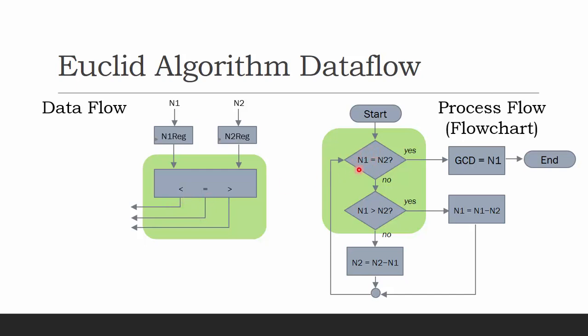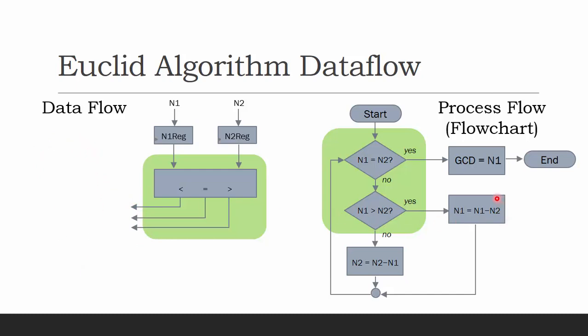If they are equal, the equal line will be raised, and if they are not the same, either N1 is greater than N2 or N2 greater than N1, either one of these two lines, less than or greater than, will be raised up. And this status line will be going to the control unit at this side.